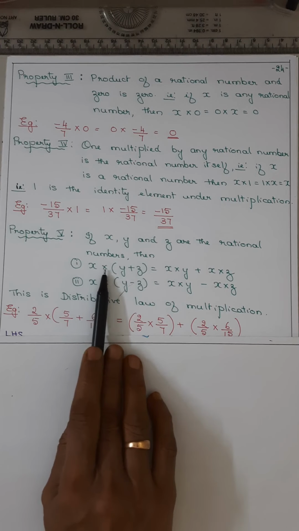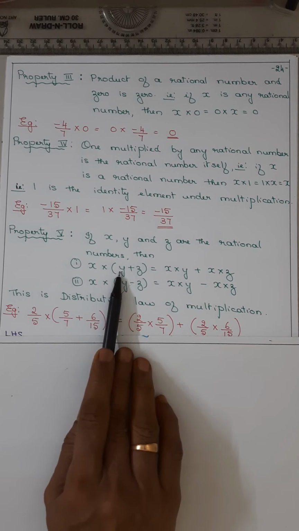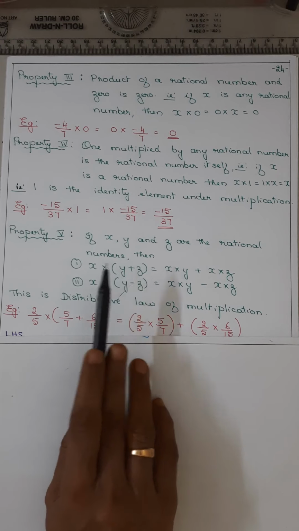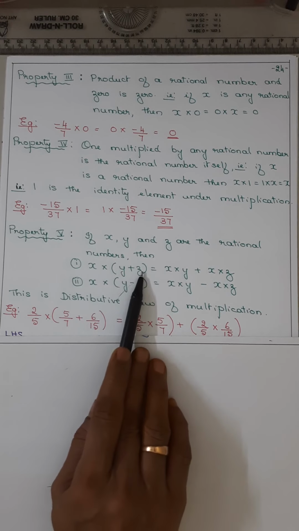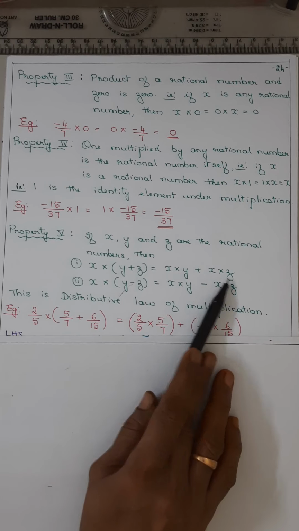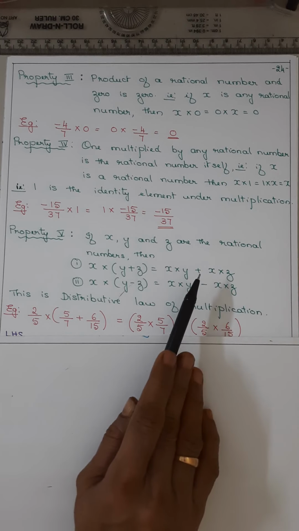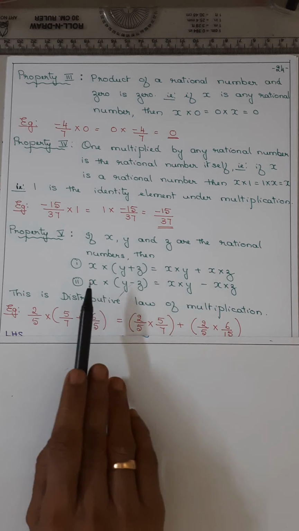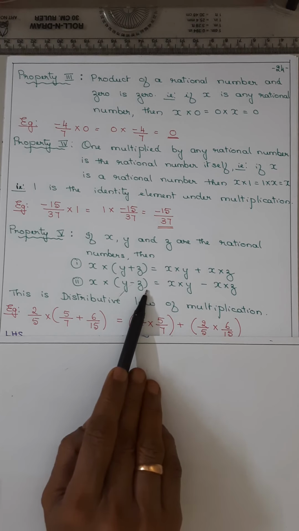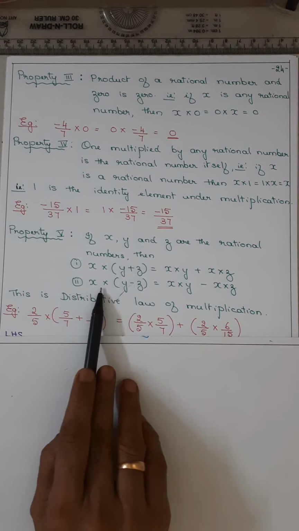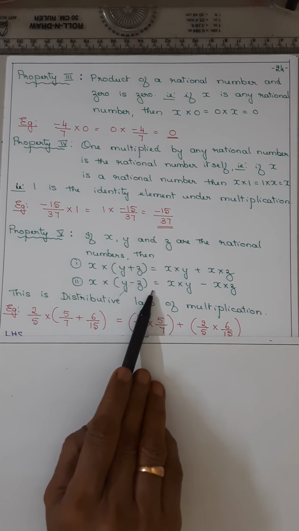So x into y, here there is a plus sign, so put plus, then x into z. Okay, and for subtraction, how will it come? x into (y minus z). Same way, x is common for both y and z.